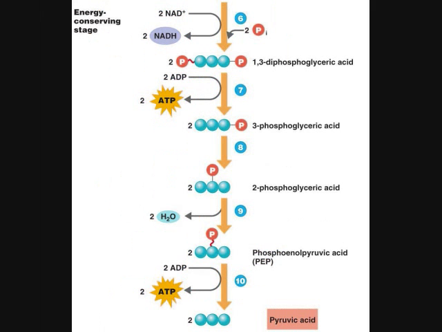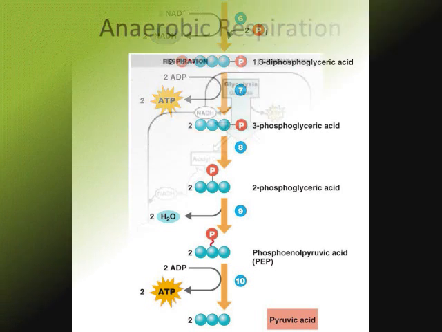Dihydroxyacetone phosphate is then transformed to glyceraldehyde 3-phosphate, which is then continually transformed with the use of NAD+ to NADH, a reduction reaction, to 1,3-bisphosphoglyceric acid. 1,3-bisphosphoglyceric acid is then transformed into pyruvic acid through the reduction of 2 NAD+ to 2 NADH, and 2 molecules of ATP are produced.